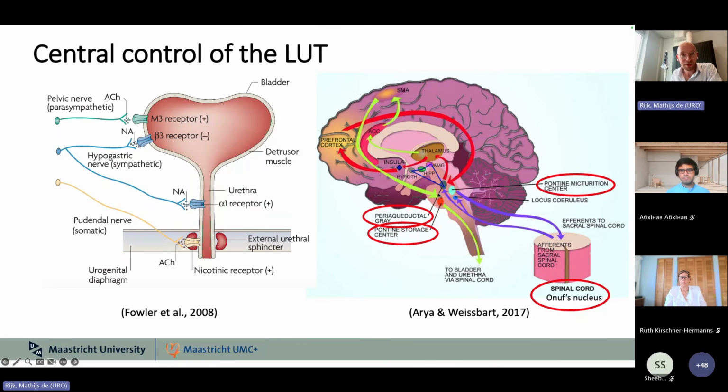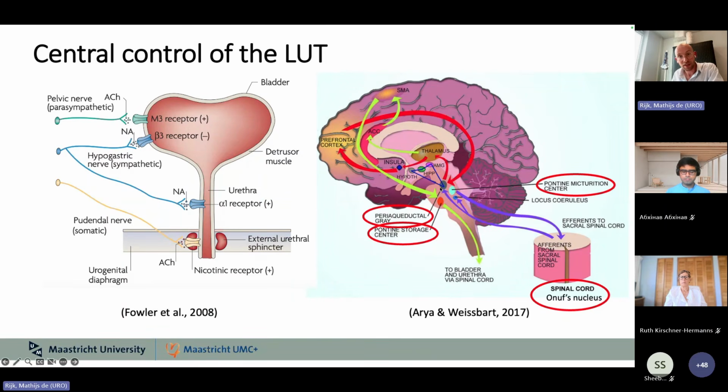So some information also arrives at the pontine micturition center, but the PAG seems to be the main hub or relay station where information from the bladder arrives, is sent to higher brain areas, and those higher brain areas then also send a decision whether to void or to delay voiding back towards the periaqueductal gray.